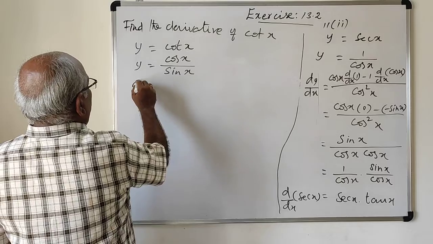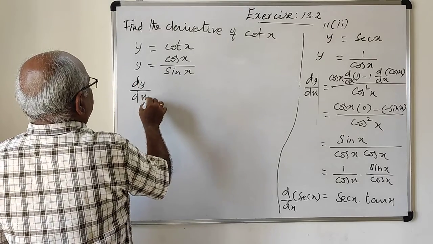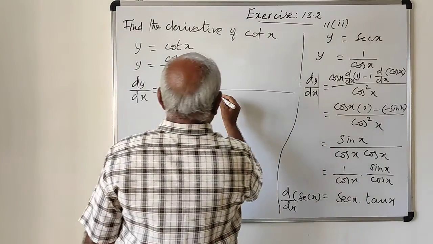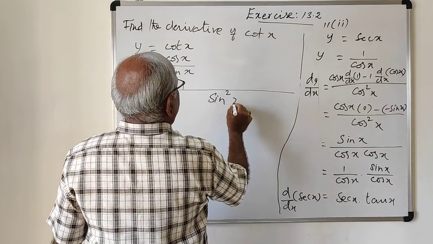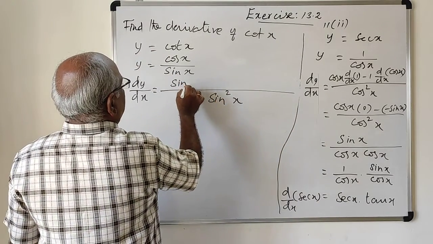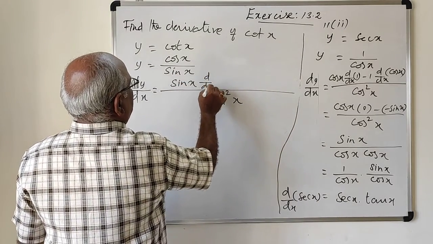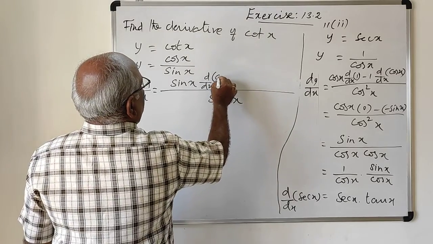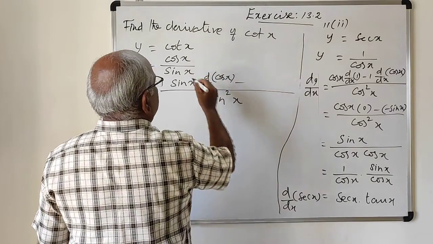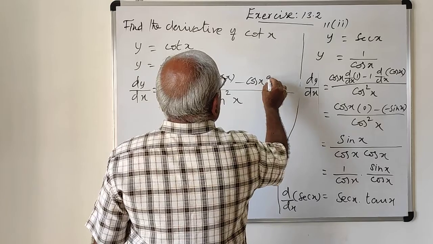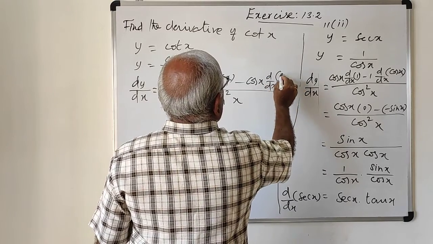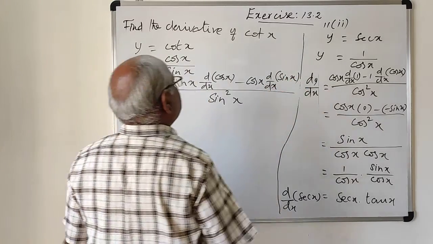Again by the quotient rule, dy by dx equals denominator square, sin square x, into denominator sin x into d by dx of numerator cos x, minus numerator cos x into d by dx of denominator function sin x.